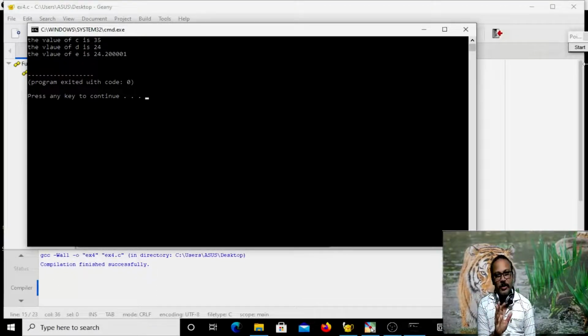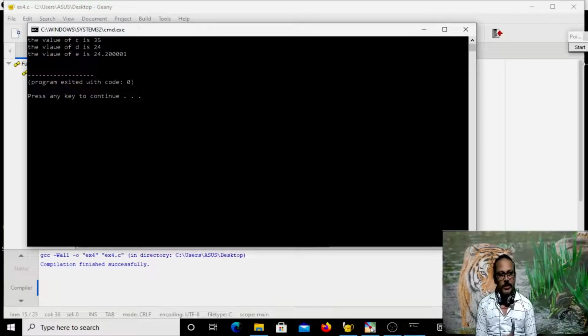Sometimes when you print something, we will get 24.00001. In the majority of free and open source compilers, you will get such issues, but they don't affect the result.